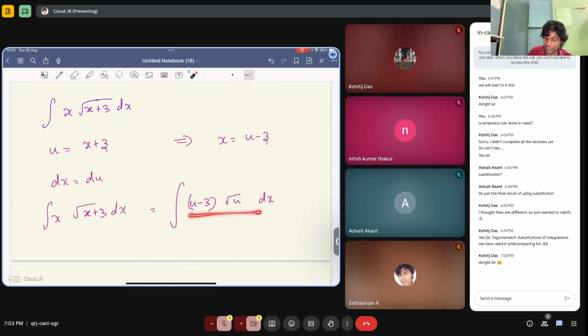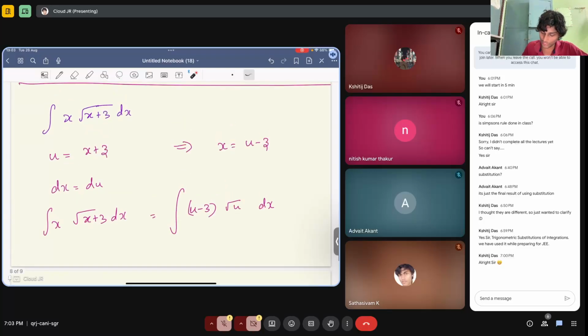So this addition became a subtraction, but this additional term comes out of the square root. That helps me, because now I can distribute. As long as I have the square root, I cannot distribute, but now it makes my life easy.